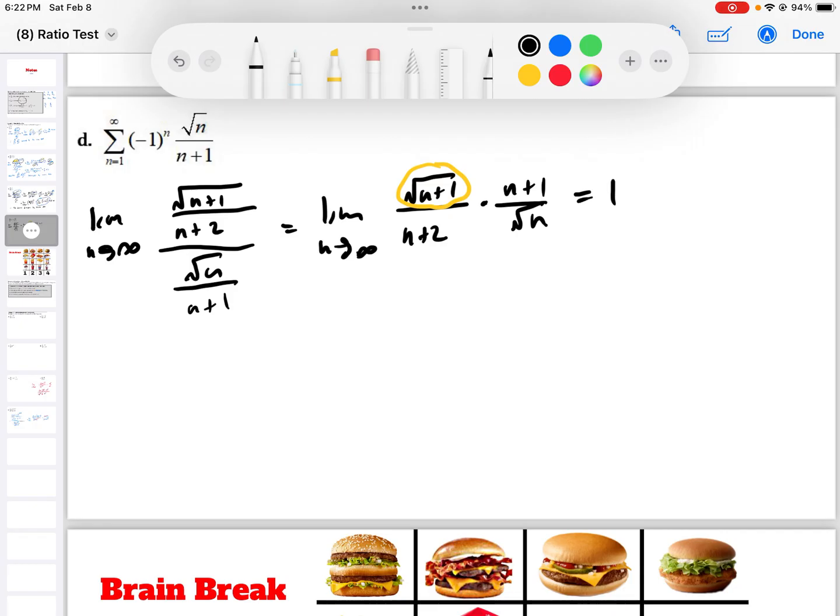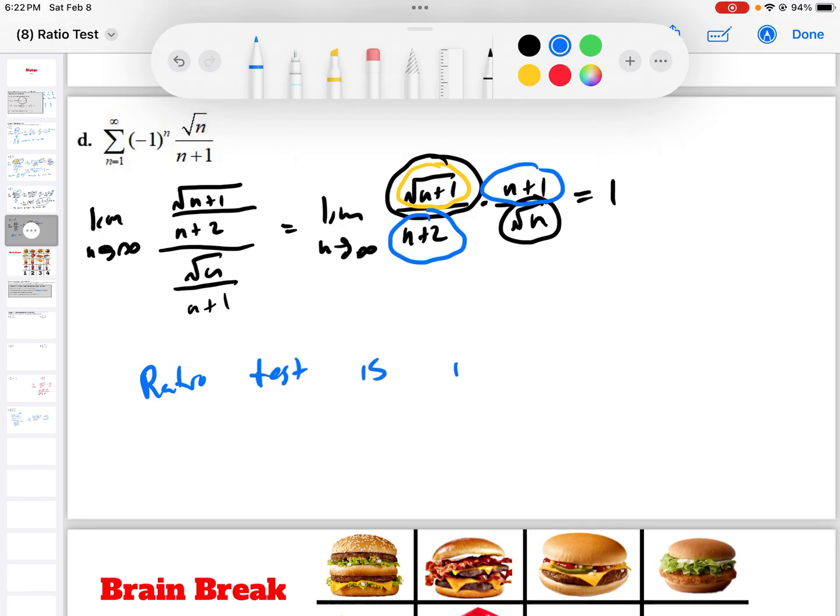As n goes to infinity, adding 1 doesn't change it. As n goes to infinity, adding 2 is basically the same as adding 1. It doesn't affect anything. So the limit is just going to be 1. And when that happens, the ratio test is inconclusive.